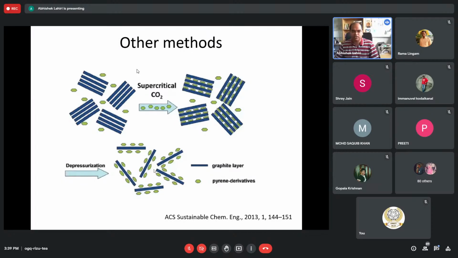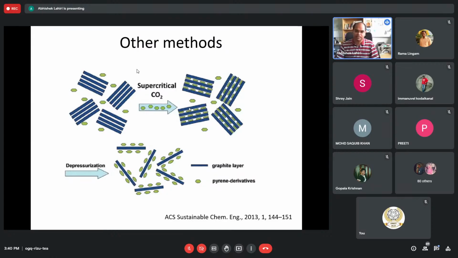When we talk about other methods, this is the only other method where one can obtain two-dimensional structure. It is by using supercritical CO2. Supercritical CO2 is a different state of carbon dioxide. Because of high pressure and low temperature conditions, CO2 can be taken into a supercritical form. In this form, carbon dioxide starts to sit in between the layered structure, and once it sits in between the layers, it is going to produce a lot of stress within the structure.